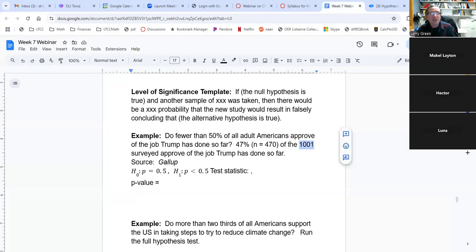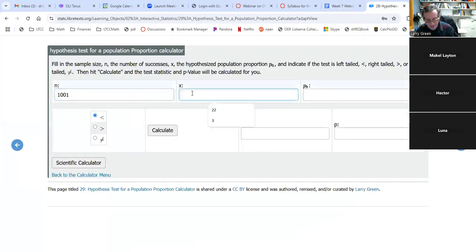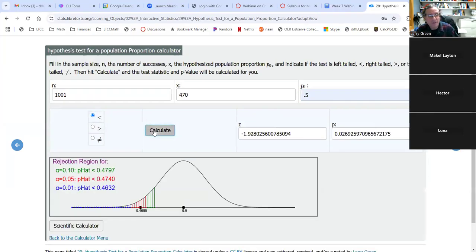Our X was 470. This really should be X, not N. Our p naught is 0.5, because H naught was that p is 0.5, the smallest you can be and not be the majority. We're seeing if it's fewer, so that's a less than, and hit calculate.